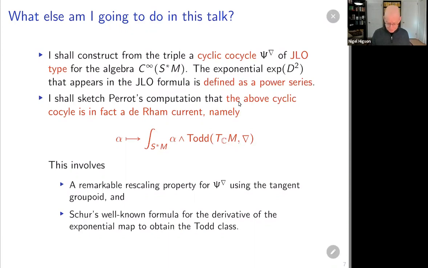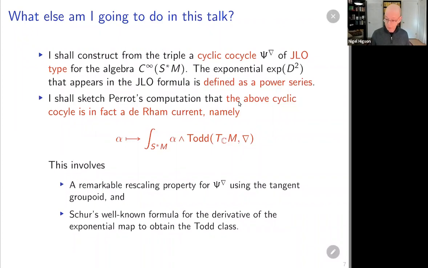And what you find when you look at how this operator behaves on the tangent groupoid is that the operator behaves like an operator of order 0, I'm talking about D squared, despite it being a second order partial differential operator. So somehow Perrot is taking advantage of some strange feature of this operator, which gives it formally or geometrically order 0.